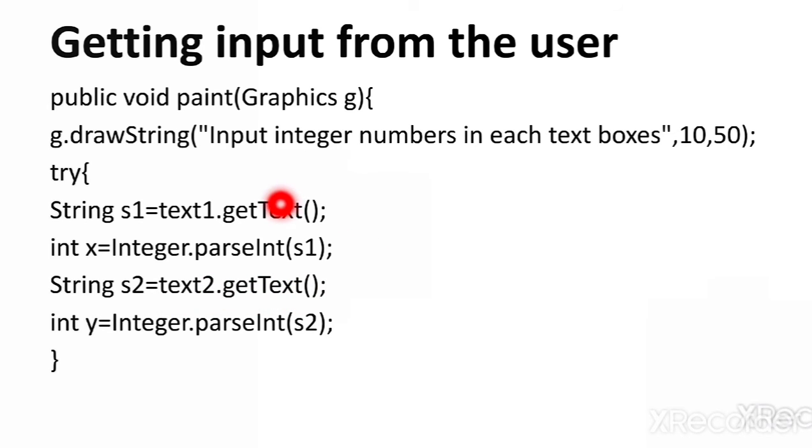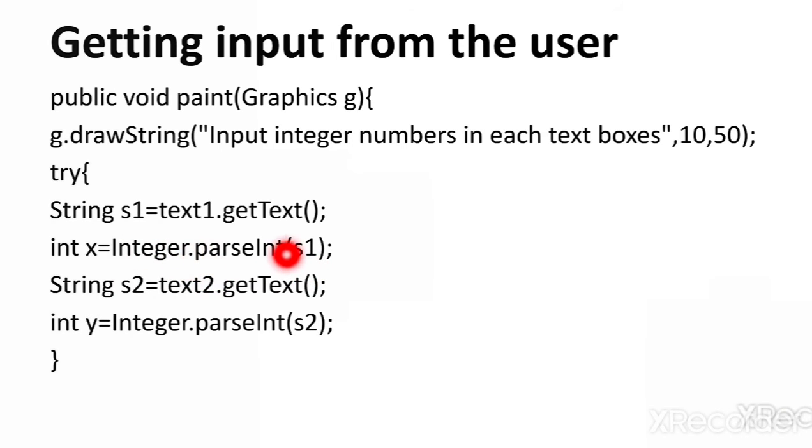After reading the value from the text box and storing it in a string variable, now you have to check whether the input given by the user is a valid integer number or not. For that you have to do a conversion. You have to convert the string into an integer. While discussing the wrapper classes, we came across this parseInt method.